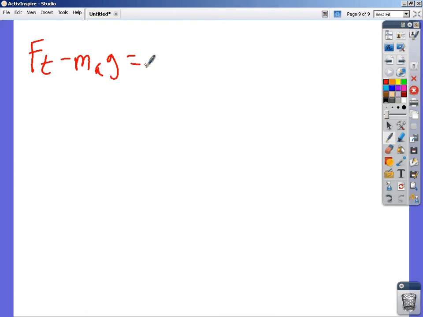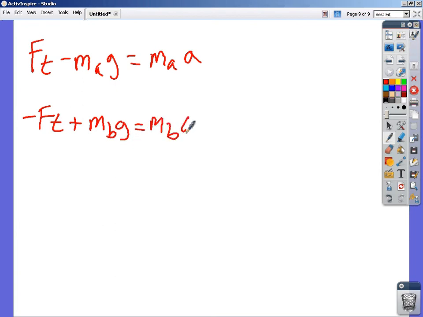So when we add these two equations, these cancel out. Okay, so we get M_B g minus M_A g is equal to, I'm going to go ahead and factor over here, (M_A plus M_B) a, since the a is the same.